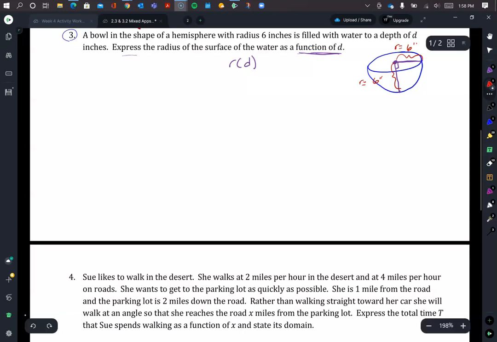If I think about the water that's going to be in there, I'm going to shade that in, maybe right about here. I don't exactly know, I'm just saying some depth d. So this little piece here, I'm going to call d inches. That's the depth of the water.